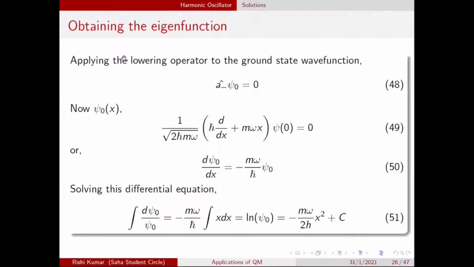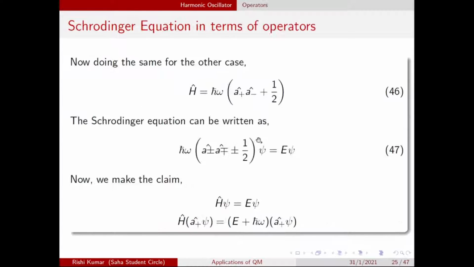Now, applying the lowering operator to the ground state wave function. Right here we are making another assumption: if we keep using our lowering operator on psi 0, you technically cannot get negative energy values. It has to stop at some point, and that is the assumption we're making in equation 48, that if you apply your lowering operator to psi of 0, it is essentially 0. From this we can take psi naught of x, which is simply this equation right here.